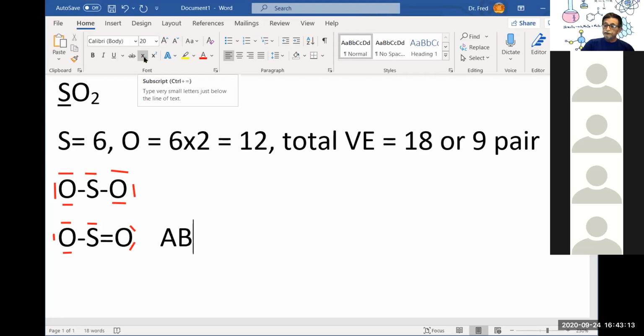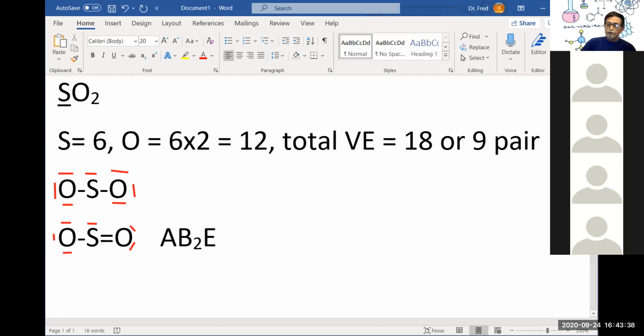B represents the oxygens. How many oxygens do we have? We've got 2 of them, exactly. Now, notice on the central atom, we have a lone pair. It's not bonded, it's sitting on the central atom. So now, the general formula for this structure is AB2E, okay?